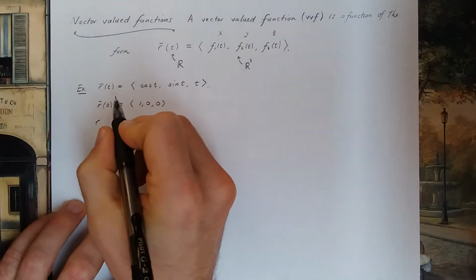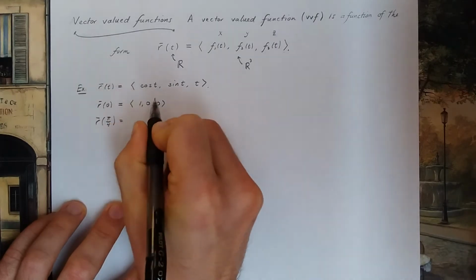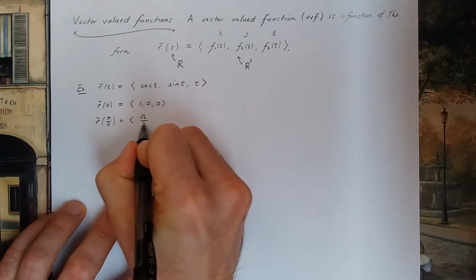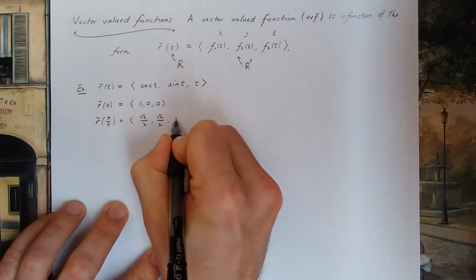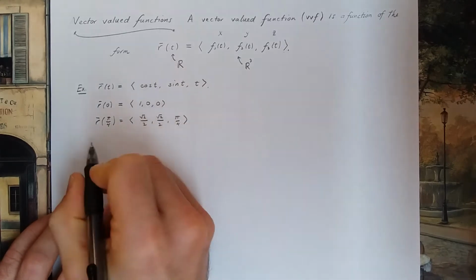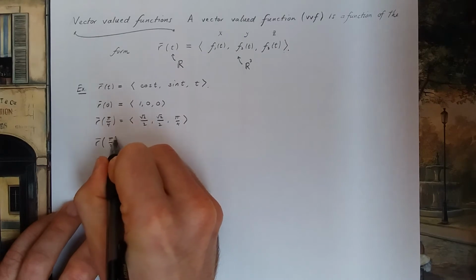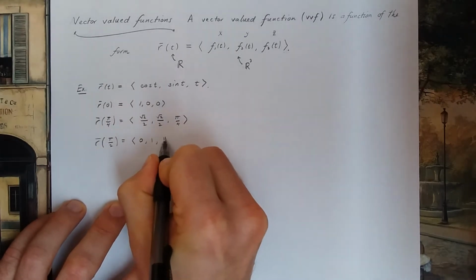I can plug in pi over 4. Then I get cosine pi over 4, which I think is square root of 2 over 2. Sine of pi over 4, square root of 2 over 2, and pi over 4. I can get another vector, let's just do one more, say, like pi over 2. That would be the vector 0, 1, pi over 2.